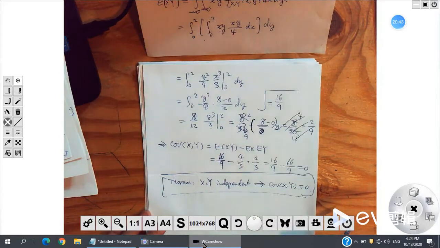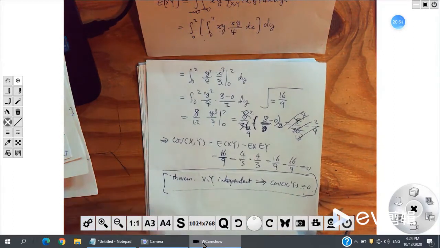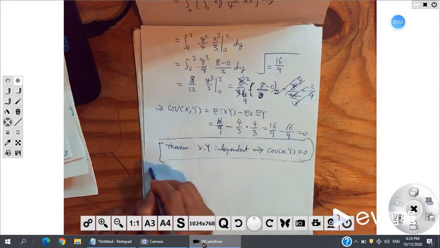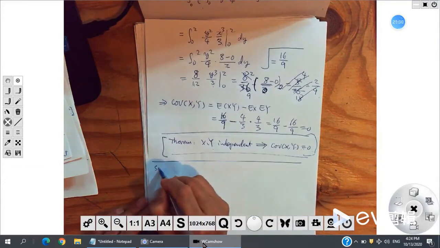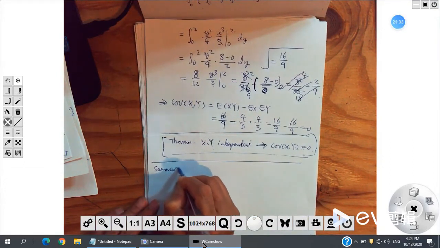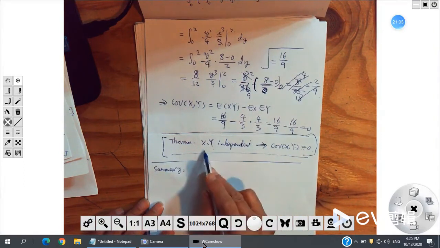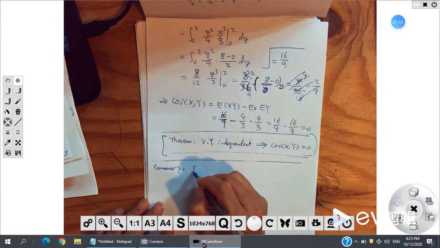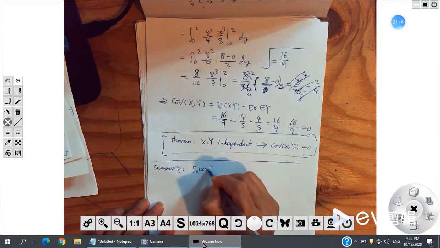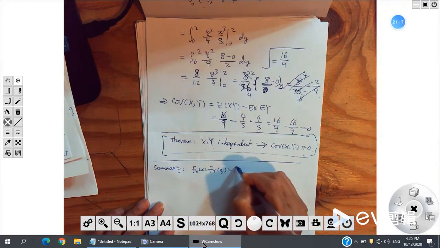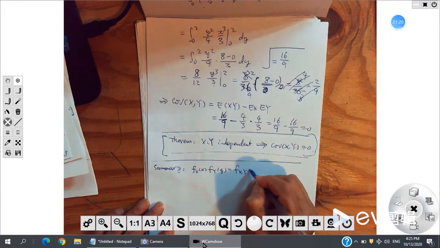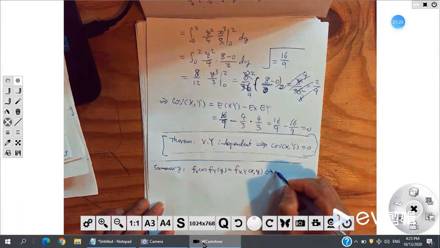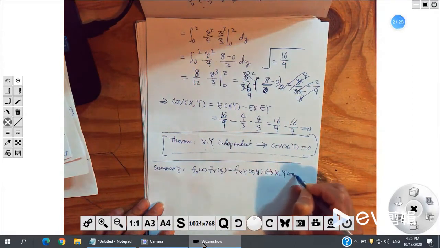Okay, when we solved this problem, I mentioned some results here, right? So let me put the summary here. We have this about independence. We have f_X(x) times f_Y(y) equal to f_{X,Y}(x, y) if and only if x and y are independent.